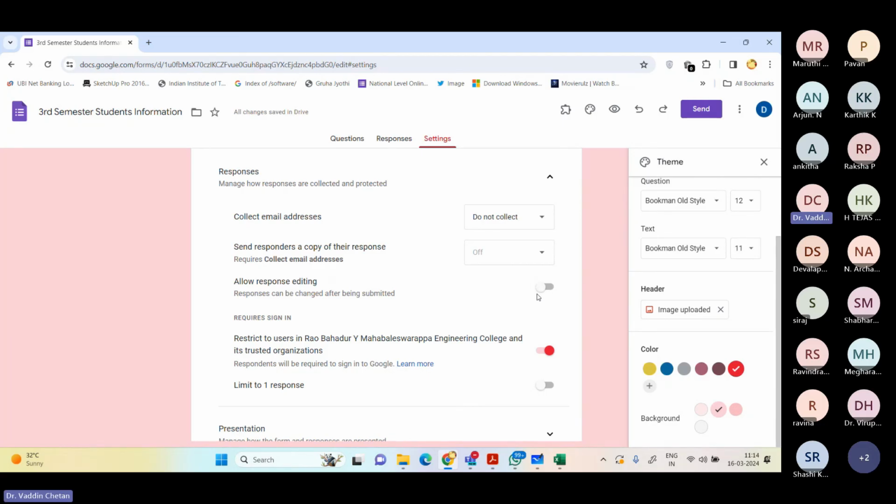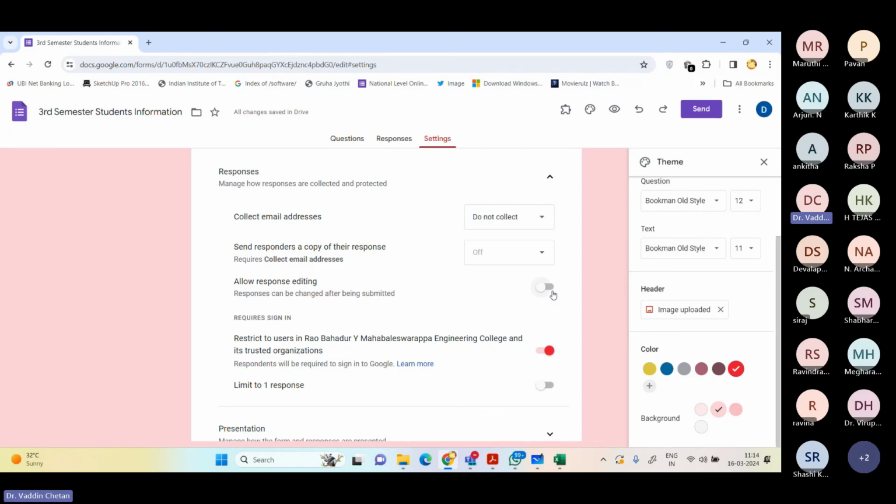So if I give the option allow response editing, on day one you will choose one, on day two you will choose one more. I will give one deadline, for example a deadline of 5 days. On that fifth day, I will take back the responses and I will document as per that.